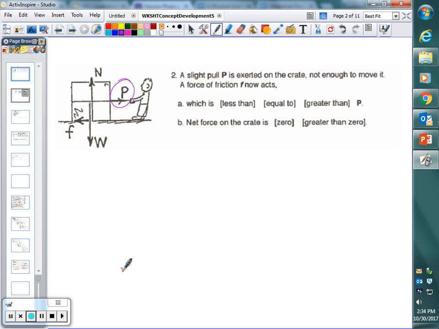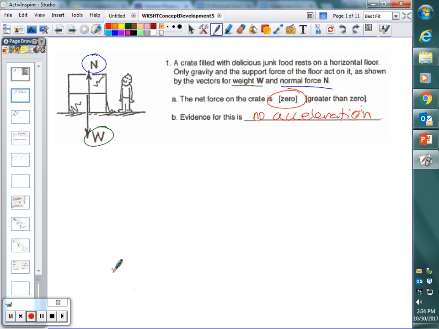Now, taking it back to this picture right here. The person in the picture has pulled, but it doesn't go anywhere. There were 2 forces in the previous picture. Now there's 4, right? The pull to the right, and which other force has shown up? Friction has shown up, all right? Notice, there's no friction in this picture. That's important. We'll talk about why when we get into the outline a little bit later on, okay?